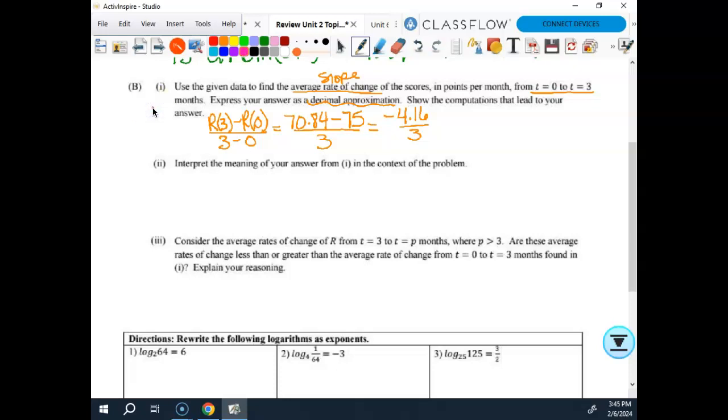So what did they tell us to find? It's the average rate of change. So I can start with the average rate of change of what? Of the student scores.